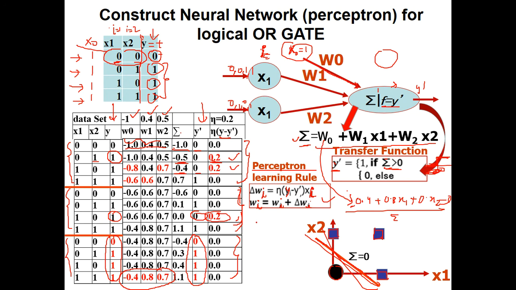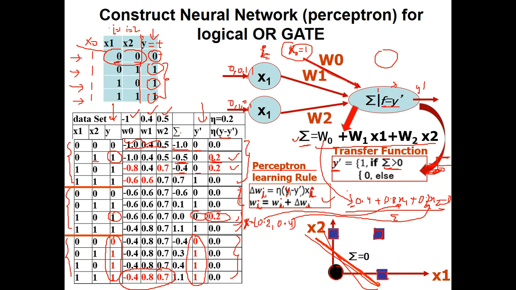For example, you have a new input x, where you have to take two values because here two inputs are there. So x1 is 0.2, x2 is 0.4. Now you feed this input here in place of x1 and in place of x2, with weight 0.7.